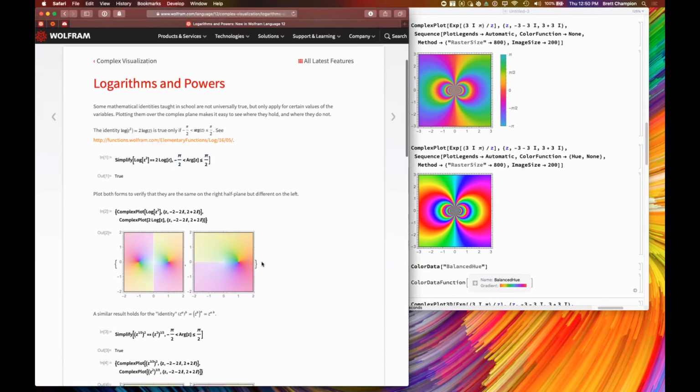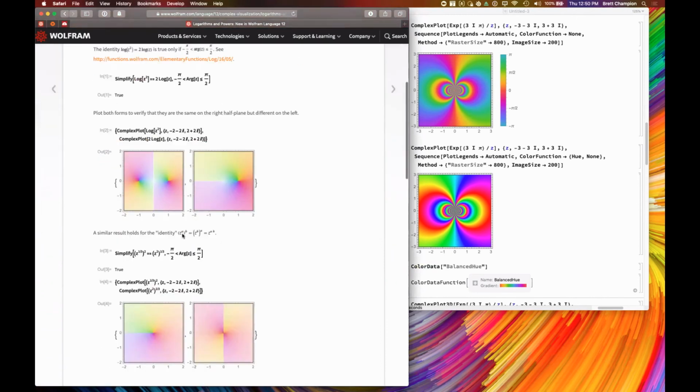The other one, again related to powers, is that z to the a to the b is z to the b to the a, which is z to the a times b. And again, these aren't necessarily the same.